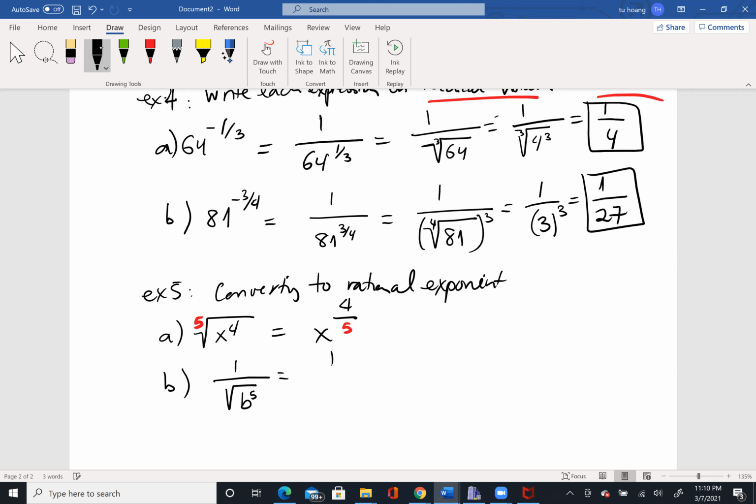I can convert it as 1 over b to the power 5 over 2, because the square root has a hidden index of 2. Now I can convert this one more time and rewrite as b to the power negative 5 over 2. All right.